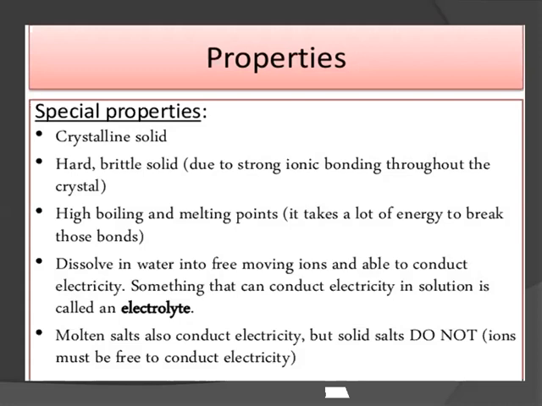Salts dissolve in water into free-moving ions and are able to conduct electricity. Something that conducts electricity in solution is called an electrolyte. Molten salts also conduct electricity, but solid salts do not conduct electricity as ions are not free to carry the electric flow.